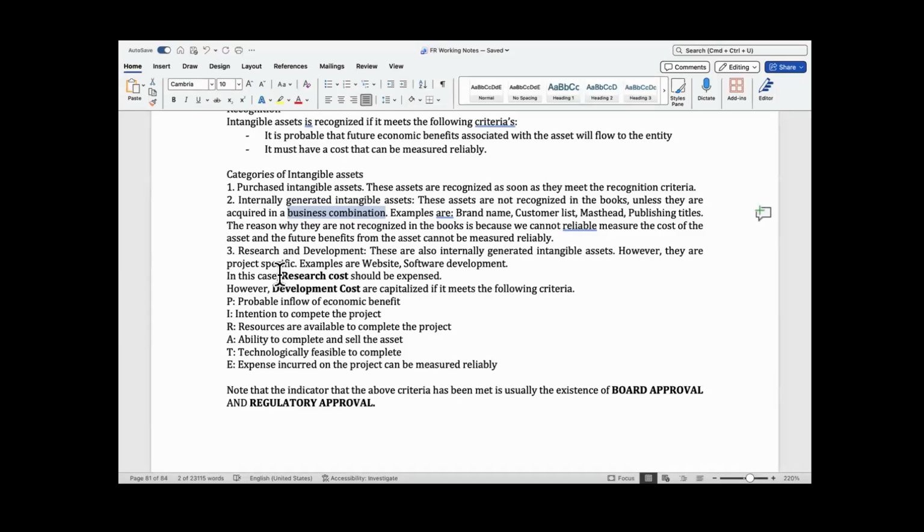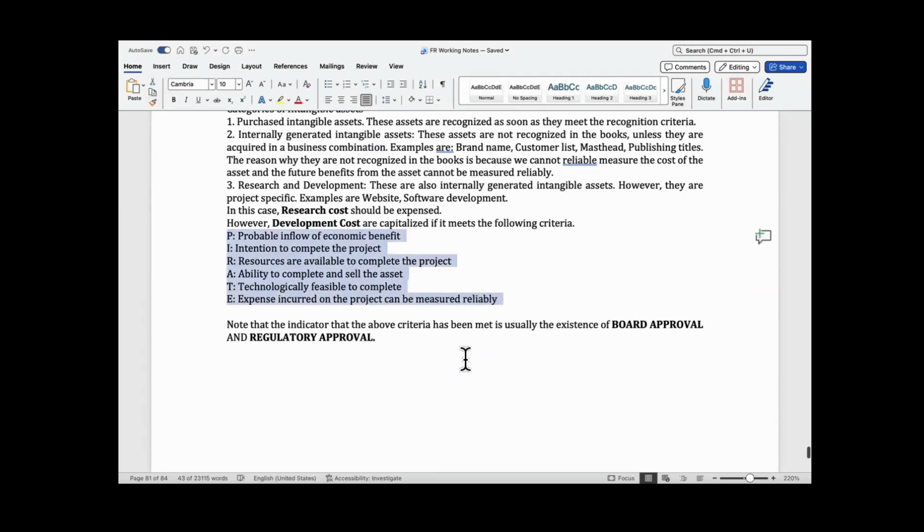So in that case, if you can separate the cost we are spending into research and development, the cost at the research phase is expensed, at the development phase, it is capitalized if it meets the following criteria that I mnemonized as PIRATES for you to easily remember it in the exam.